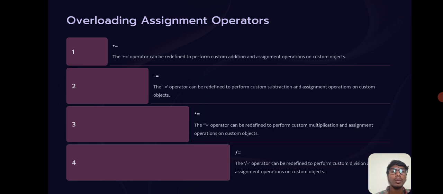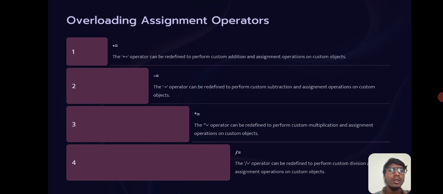Overloading assignment operators like plus equals, minus equals, star equals, divide equals. This refers to plus equals, minus equals, multiply equals, and divide equals. The plus equals operator can be redefined to perform a custom addition and assignment operation on custom objects.